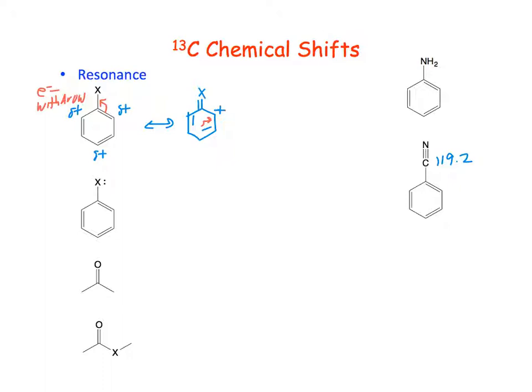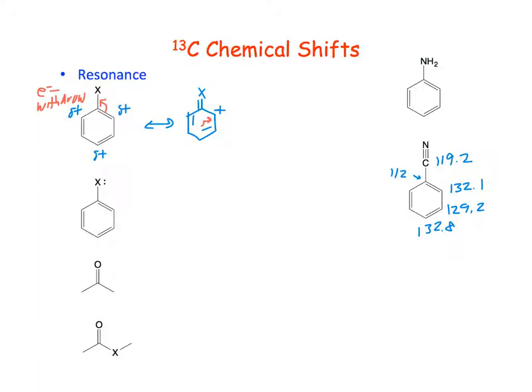And then if we look at the ring, there's not a huge difference here. 132.2, 129.2, 132.8. So those two, ortho and para, are slightly more downfield than the meta. And in fact, let's see, I guess it's this one is only at 112. Is that where it's attached?